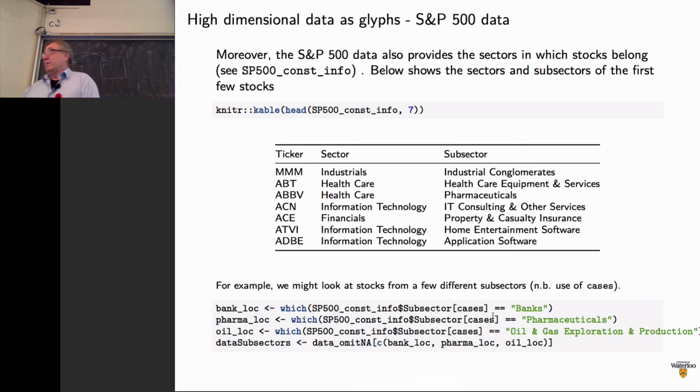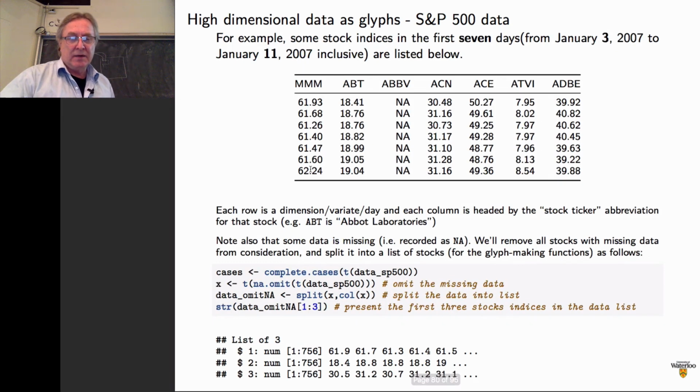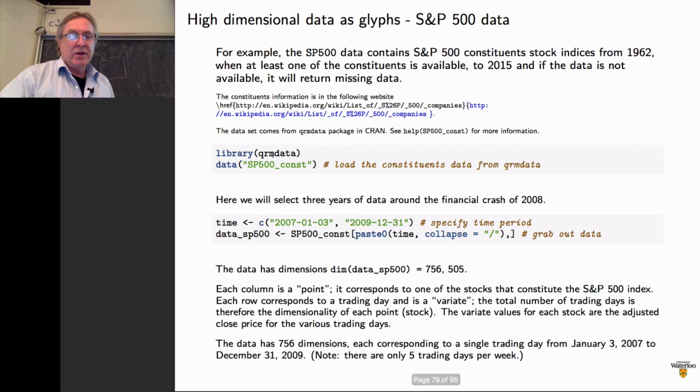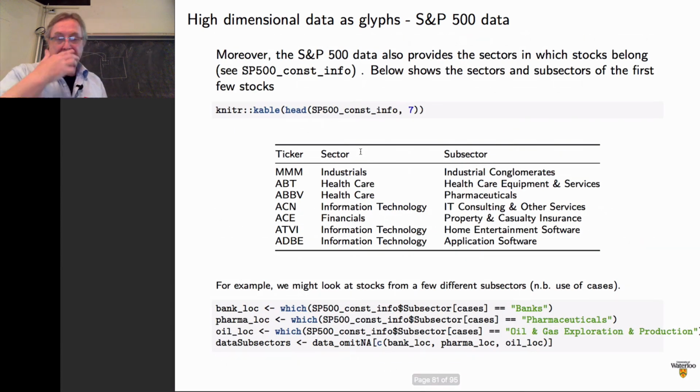The other thing that's available in this data set are sectors. I should have mentioned this data comes from the R package QRM data. So you can access this, and each one also has a sector and a subsector. Abbott Laboratories is in the healthcare sector, and the subsector is healthcare equipment and services.